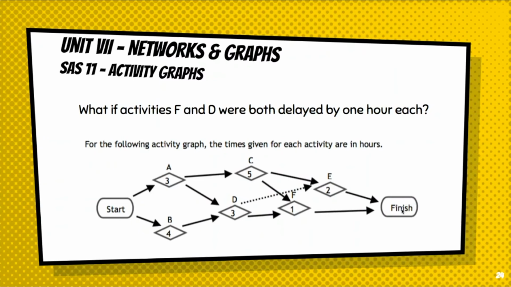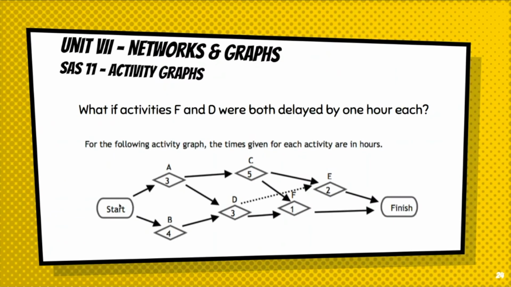Notice that D is delayed by an hour. It delays 2 pathways, BDE and BDF. But in that delay, we still allowed enough time to get completed in the minimum time of completion through pathway ACE of 10 hours. And even though F was delayed by an hour, notice that ACE is another pathway that comes through F, and it does not postpone it long enough either.